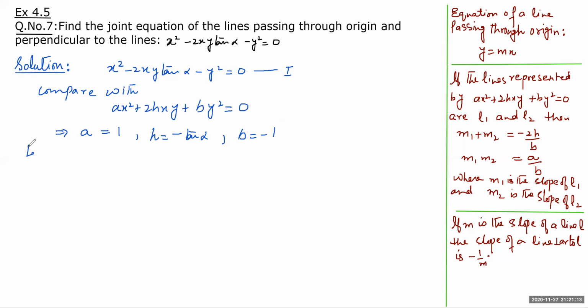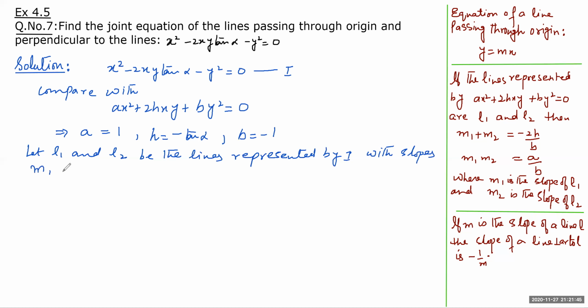Now let L1 and L2 be the lines represented by the homogeneous equation 1, with slopes m1 and m2 respectively.